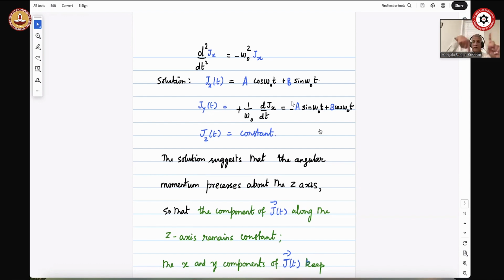So in the magnetic field, a quantum magnet does not stay static. It is precessing about the magnetic field. There is no net x component or y component. This precession is called Larmor precession.